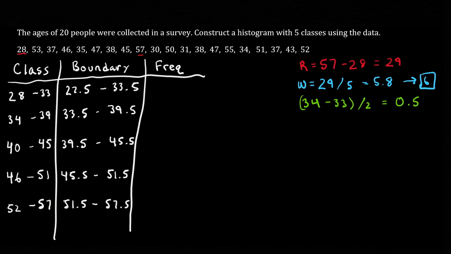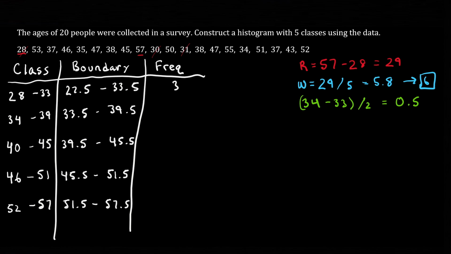Now we want to count where each observation falls into each class. So for the first class, it has a range of 28 to 33. So let's see how many values in our dataset fall into this class. So there's 1, 2, 3.